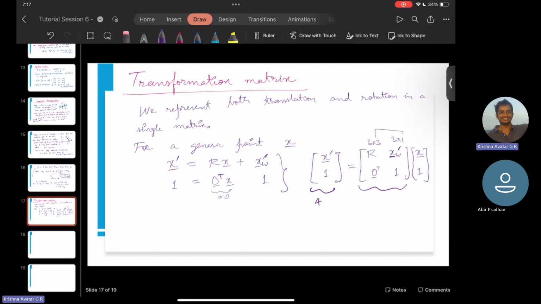So the columns are 3 plus 1, 4. Likewise, for rows, this is 3 by 3, and this is 1 by 3, so the rows are 3 plus 1. So there is a 4 by 4 matrix, and likewise a 4 by 1 vector. And this is what is called the transformation matrix.